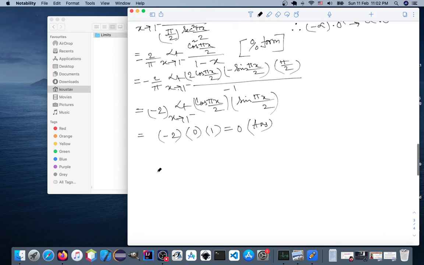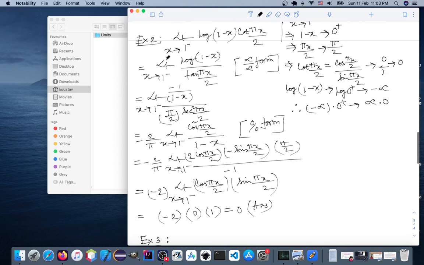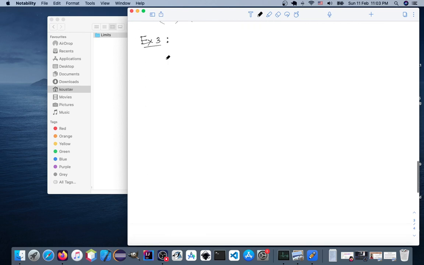Okay, let's see the next problem. Problem number 3. What does it say? Limit x tends to infinity, x times (a to the power 1 by x minus 1), where it is given a greater than 1.